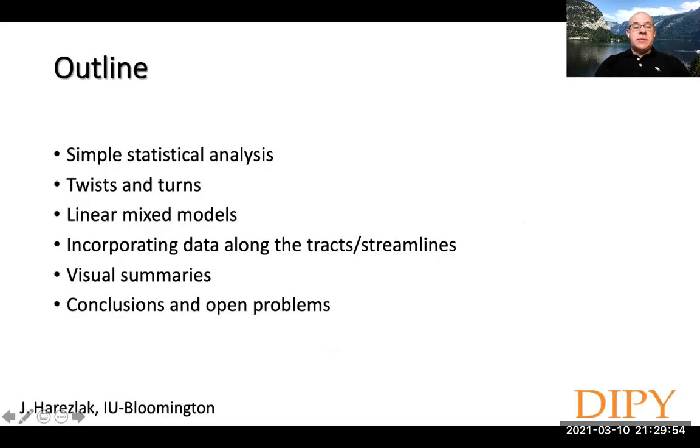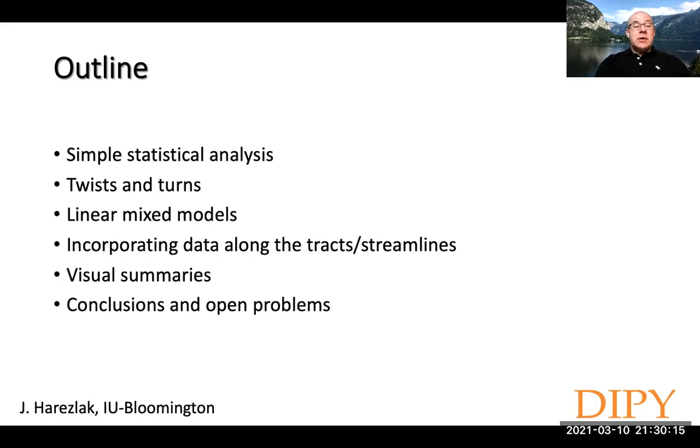So let me start with a brief outline. I will start with simple statistical analysis. Then I'll describe twists and turns that actually happen for the majority of the data that we are interested in, for the scientific questions we're interested in answering.